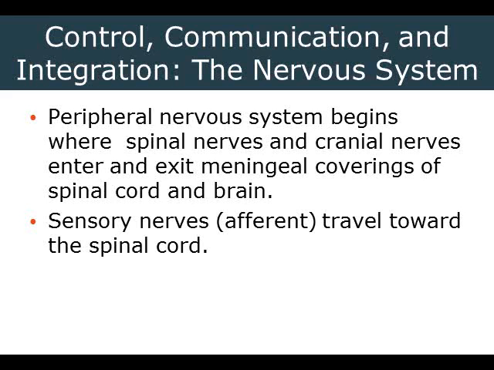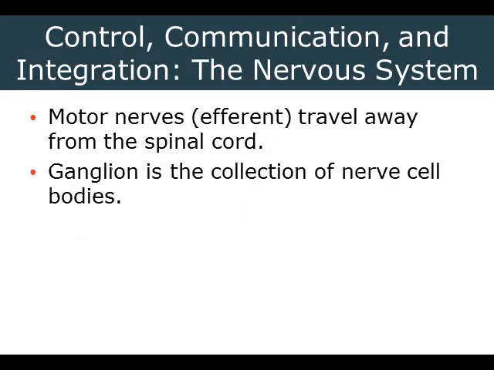We have afferent and efferent nerves. Afferent sensory nerves travel towards the spinal cord, so they're bringing the sensation, they're bringing the messages back. The efferent then is exiting and sending it away as a motor function to stop, to pull your hand away, to move, to do whatever.